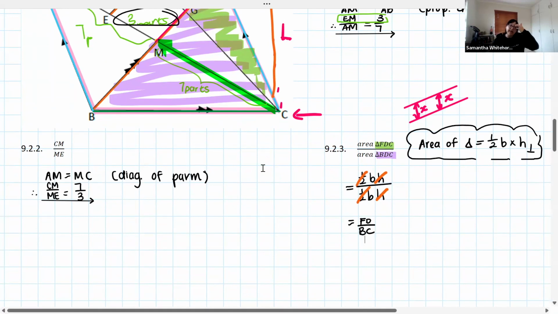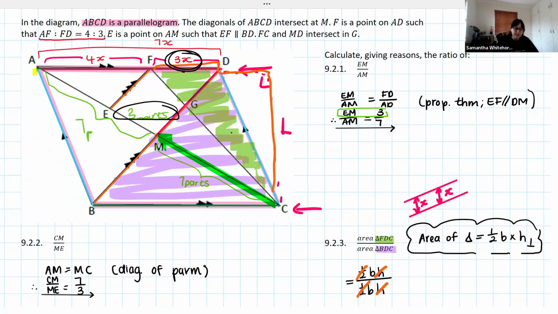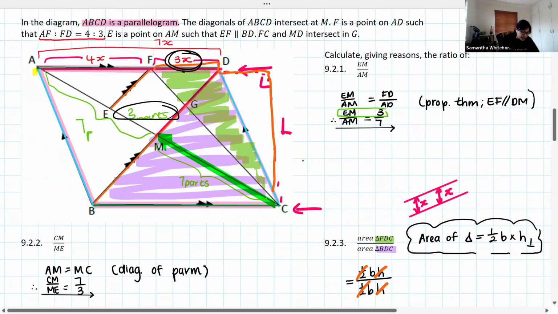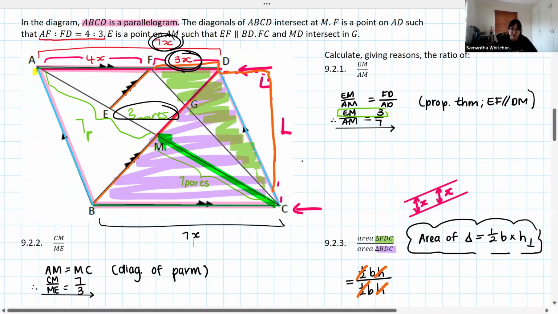Again, what I want you to remember is that we're trying to use side lengths we know information about. FD, I know that was 3 parts. BC, I've got no information about, but remember we were told this is a parallelogram. Opposite sides of a parallelogram are equal, which means that if AD is 7x, BC is the same thing. So we actually have all of the information that we need.